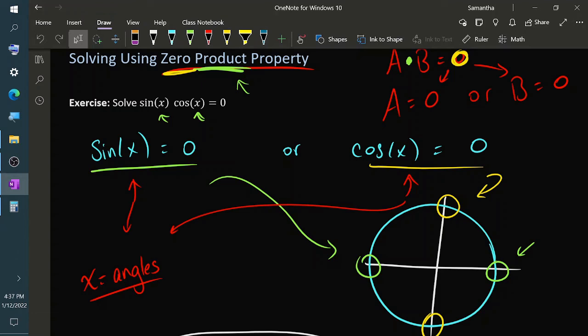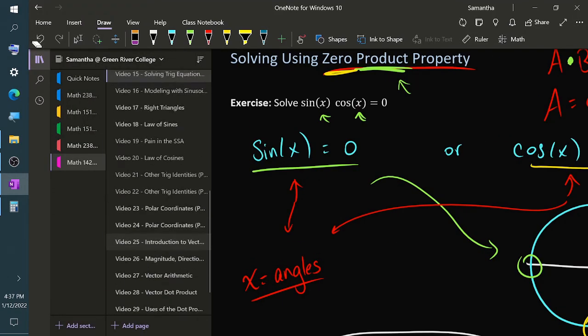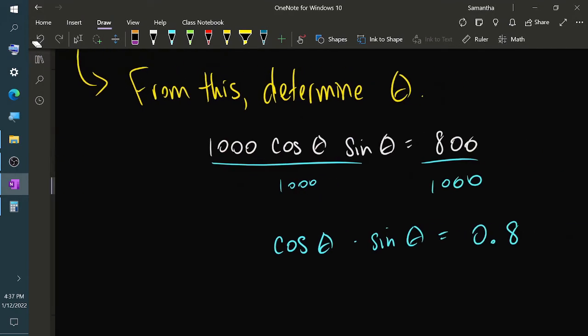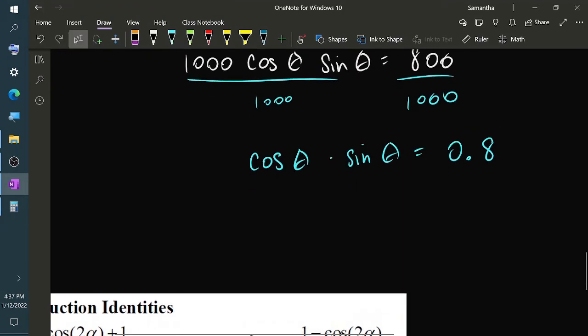But the problem is that in our equation, what we are lacking is the zero part of the zero product property. Our product, sine times cosine, is not equal to 0. Our product is equal to 0.8. So zero product property cannot be used.